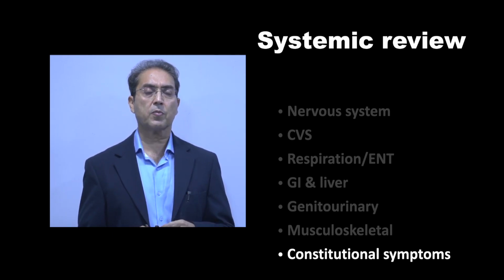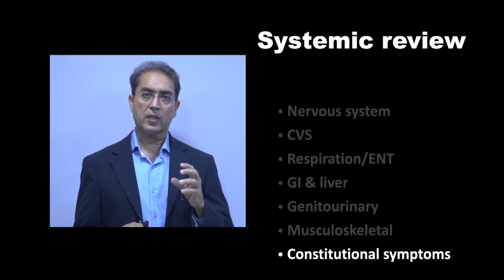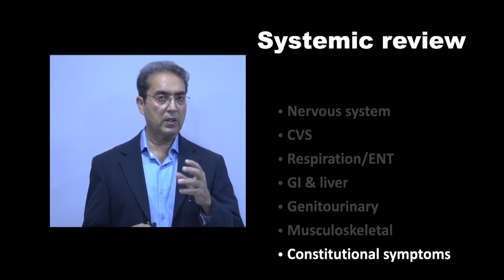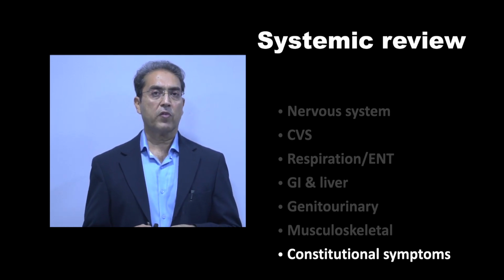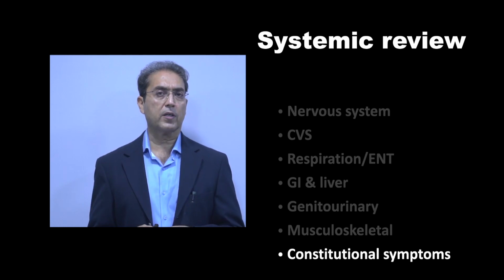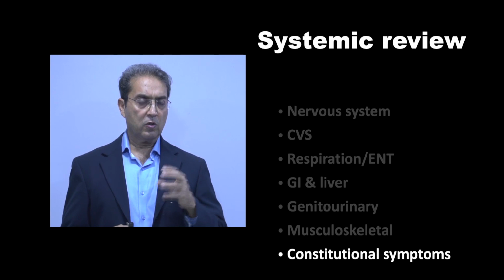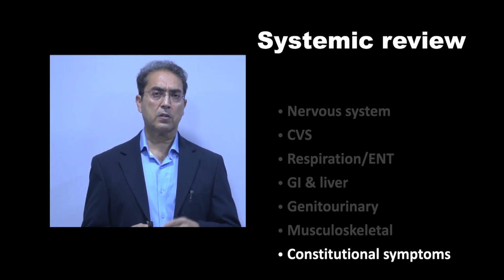So their importance cannot be undermined. Although the presenting complaints and the history of presenting complaint are the most important, these may also be very, very helpful in some patients where you are unable to make a diagnosis on history. And if you evaluate the history thoroughly, in 70 to 80% of patients you reach a diagnosis.